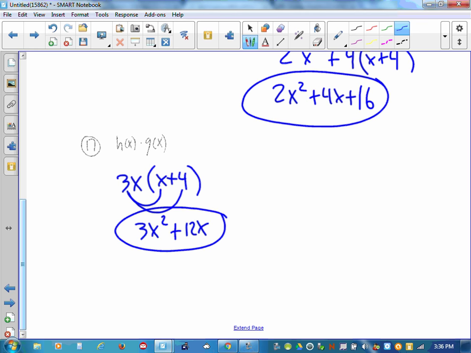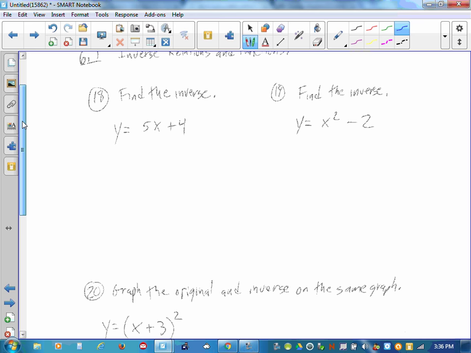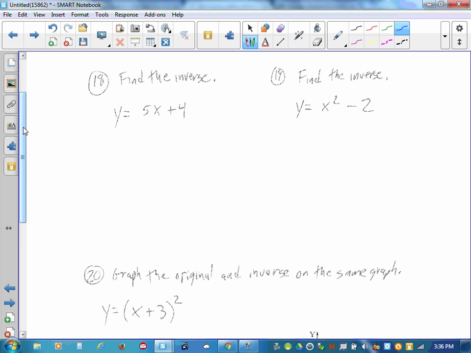Okay, the last page has the inverse stuff on it, 3 questions. And how do you find the inverse? Well, you have to make the input the output and the output the input. So what you do is you switch x and y, and then we solve for y. So solving for y, I have to subtract 4 over, and then we get x minus 4 is equal to 5y.